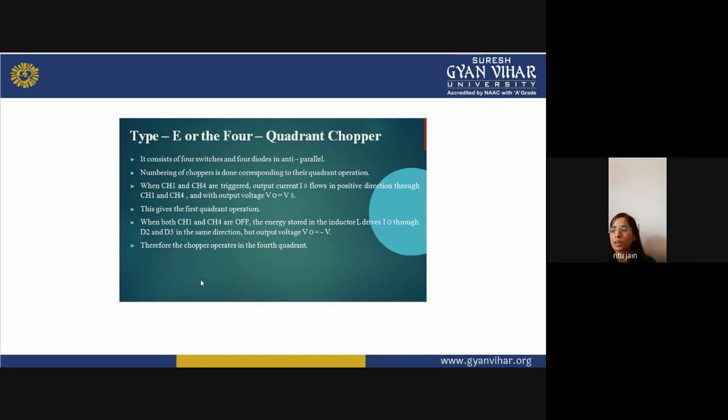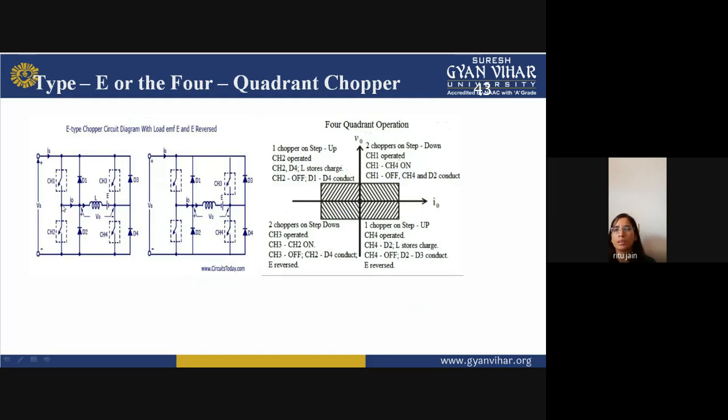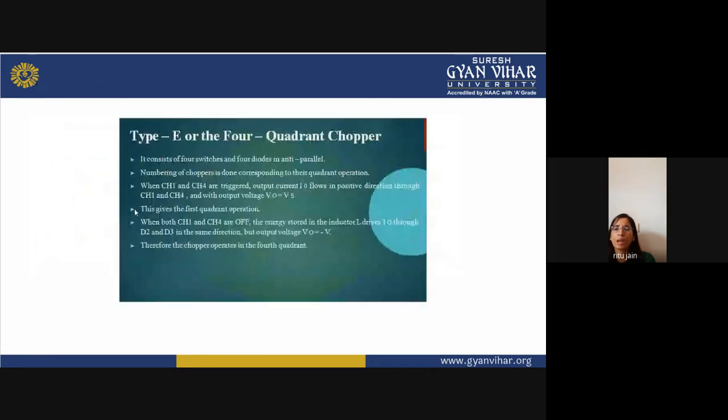So you can see in the diagram that this is your four quadrant chopper. We are using four choppers or four switches in this type E chopper. There are four diodes D1, D2, D3 and D4. It consists of four switches and four diodes in anti-parallel. Numbering of choppers is done corresponding to their quadrant operation.